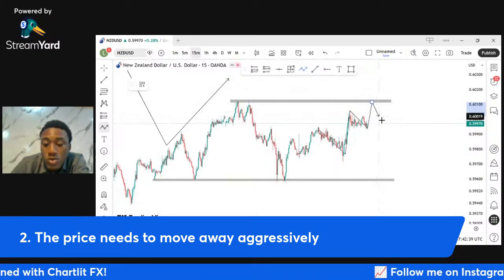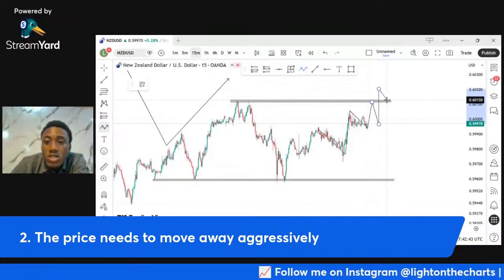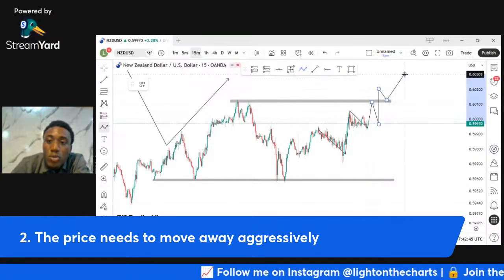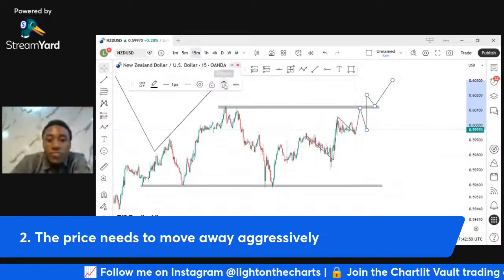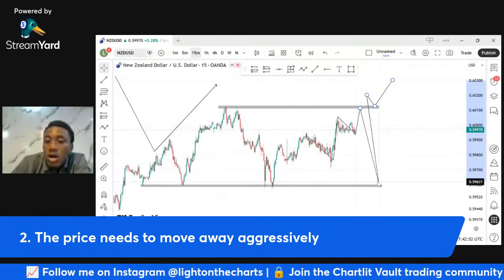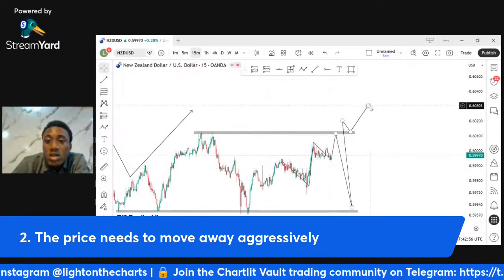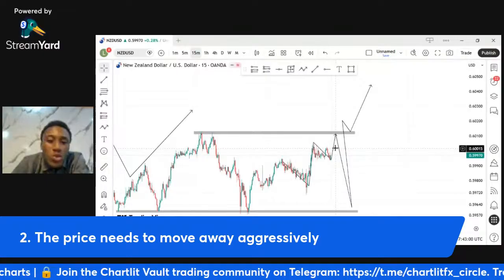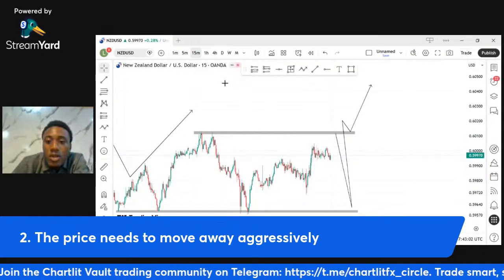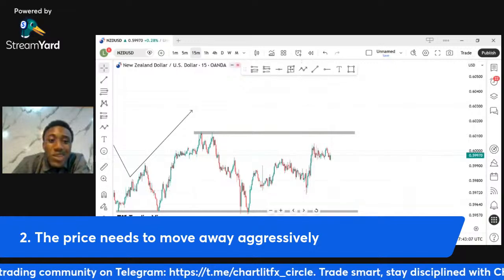Either price drops or eventually breaks, bounces on top, and keeps moving upwards. So that is just how price moves. Either it comes here and drops to the side, or it breaks it and continues moving higher. So this is what key levels help us identify, where price is actually relevant to make solid trading decisions from.